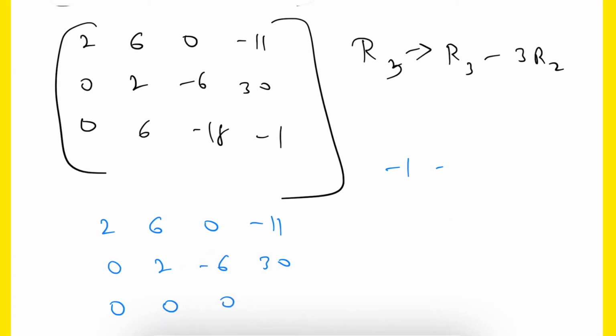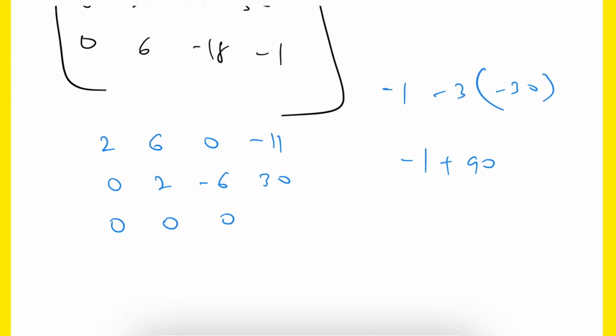Then comes the last, minus 1 minus 3 into 30. Minus 1 as it is, minus into minus plus, 3 into 30 is 90. So 90 minus 1 it will become 89.